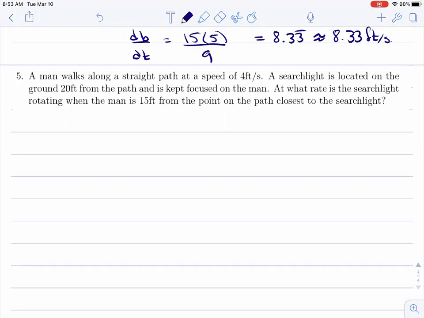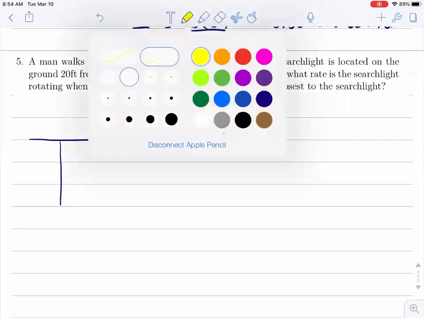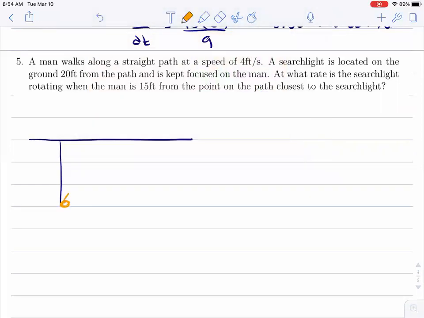So let's sketch this out. First we'll start with our path. The searchlight is located on the ground 20 feet from the path. And so here, I've got this searchlight down here.